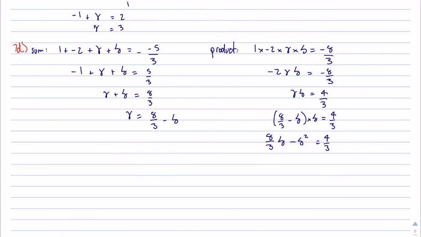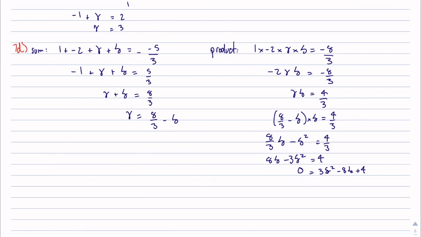I hate fractions, so I'm going to times everything by 3. 8 delta take 3 delta squared equals 4. Now I'm going to take everything over to one side, so I get 0 equals 3 delta squared take 8 delta plus 4. And now if you look, quadratic formula is the easiest way to do this.